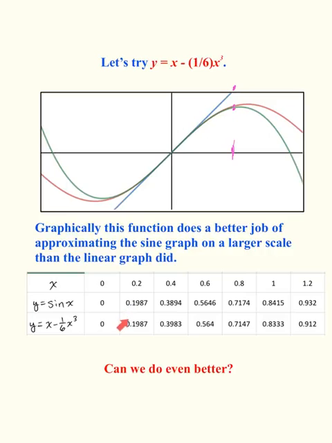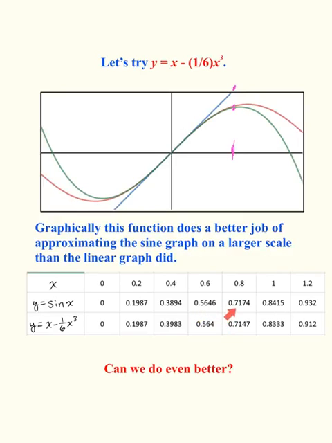As we move away from x equals 0 to the right, we're still a pretty good approximation here. It's the same up to 4 decimal places. Here, it's off by just a little bit, about 1/100th of a point. Here, it's off by a little bit once again.